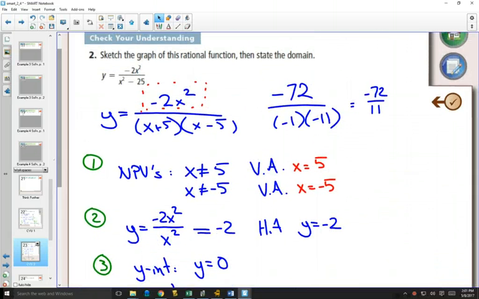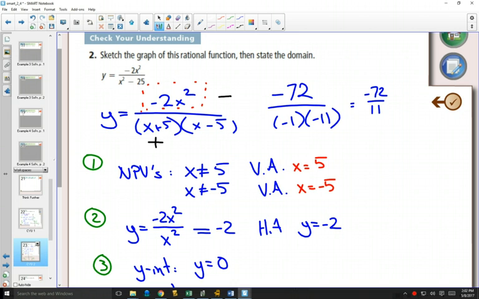Checking that with my equation. Can you see that no matter what I plug into the top of my equation is going to be negative? 4.9 squared is positive. Anything squared is positive. Times a negative 2 will always be negative. If I plug in 4.9 into this section, can you see that I'll get a positive number?